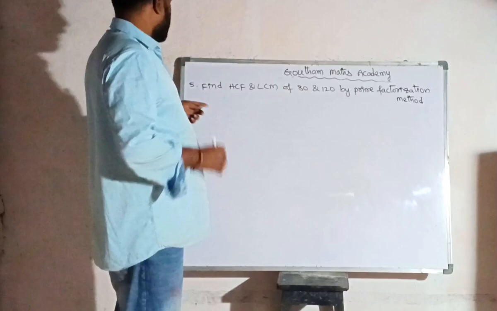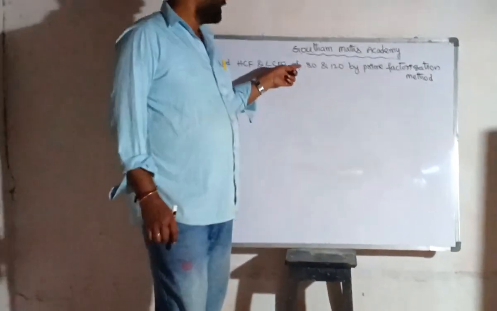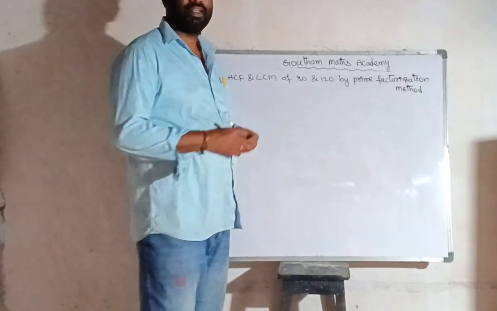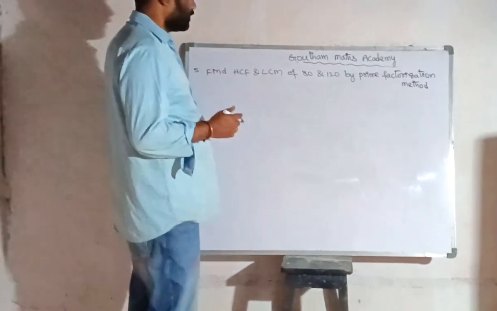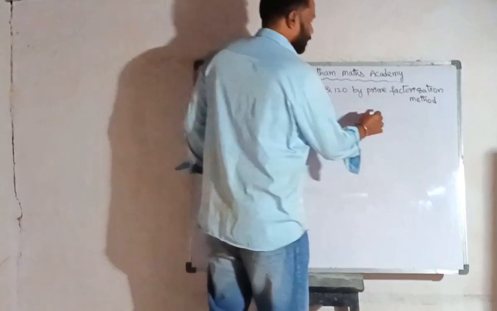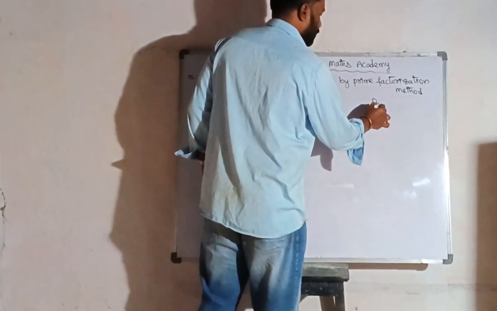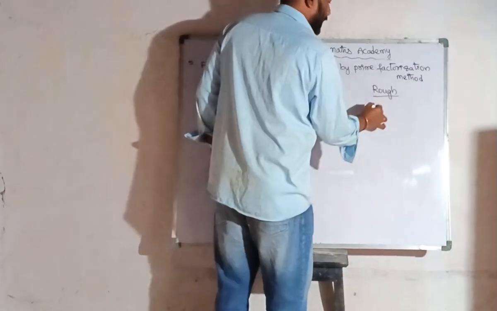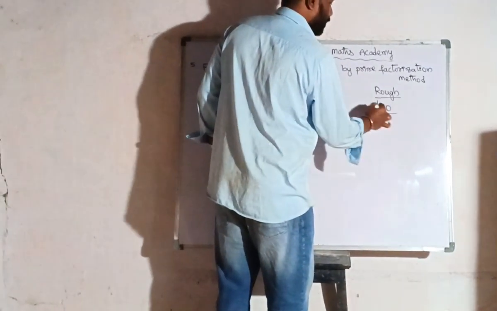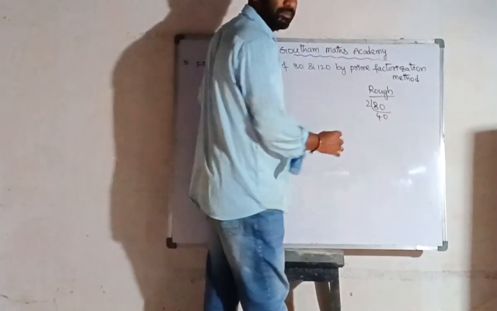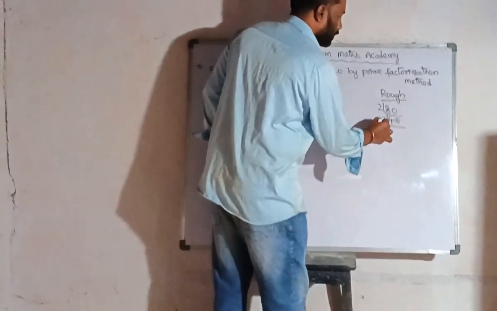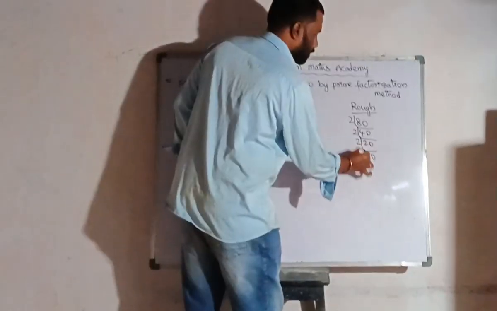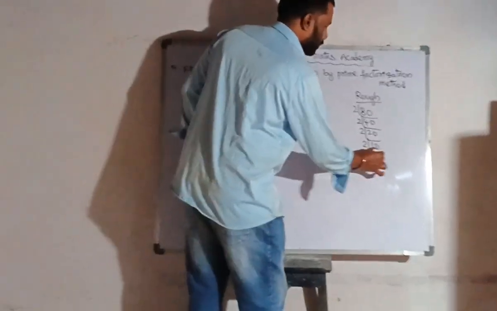Fifth question. Find HCF and LCM of 80 and 120 by prime factorization method. So here, rough work: 80 can be written as 2 into 40, 2 into 20, 2 into 10, 2 into 5.